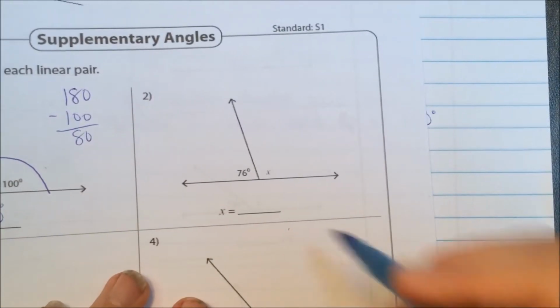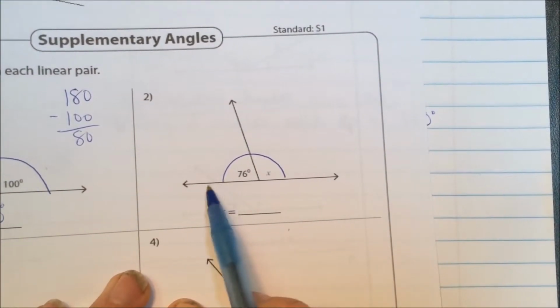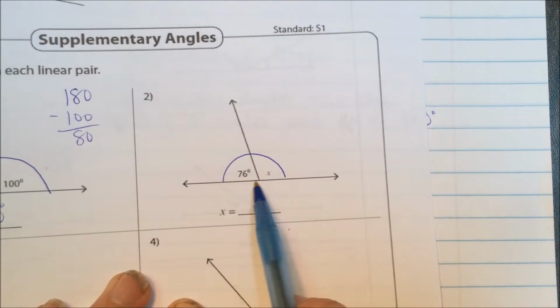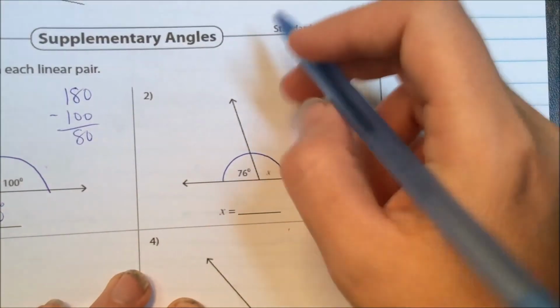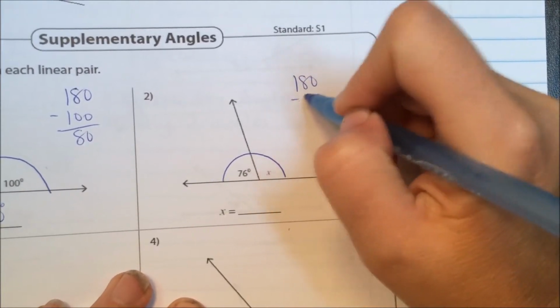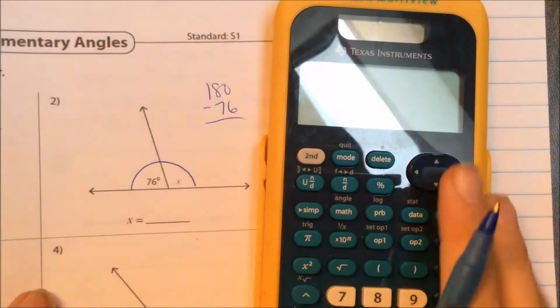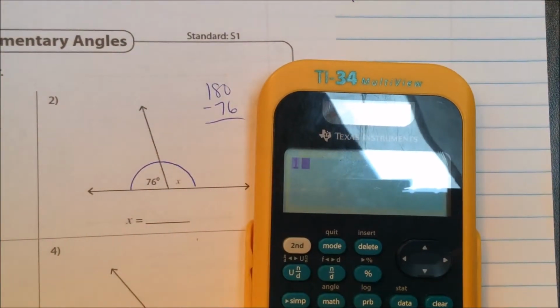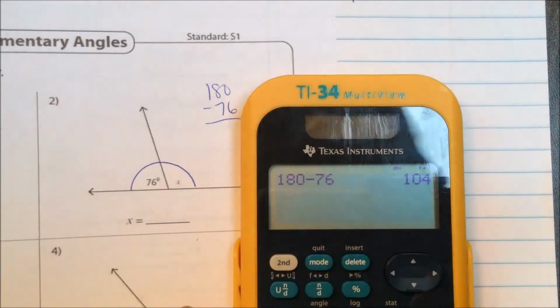This linear pair, of course, adds up to 180, makes a straight line. Any two angles that create a straight line like this is going to be a linear pair, and they're going to add up to 180. So 180 minus 76 is 104.